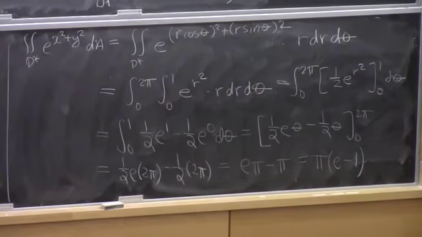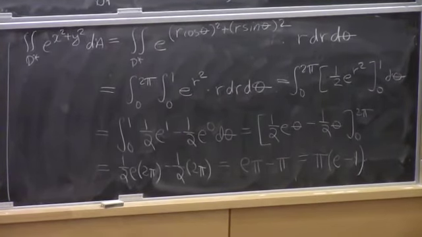And our final answer is this guy. So pi times e minus 1.